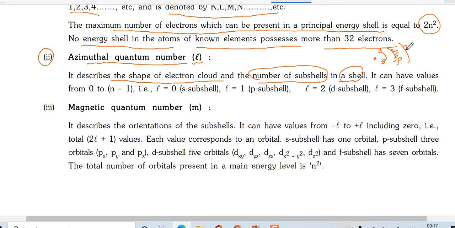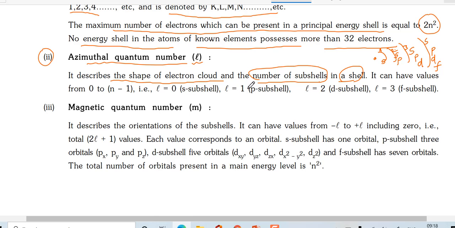In the third shell three subshells are there, s, p and d. If you take the fourth shell, s, p, d, f, 4 subshells are there. If you take the fifth shell, obviously 5 subshells will be there, like this.